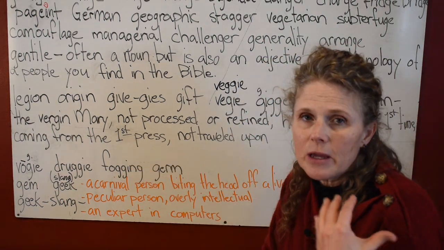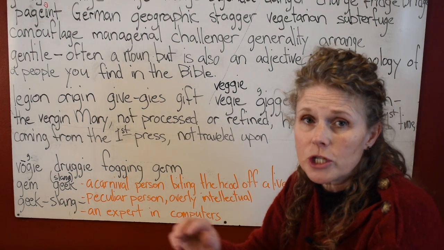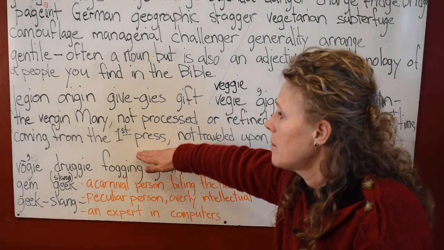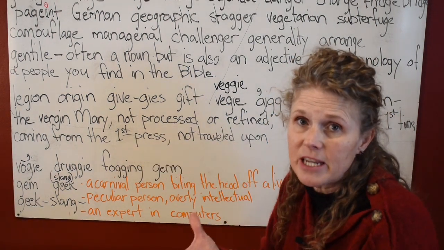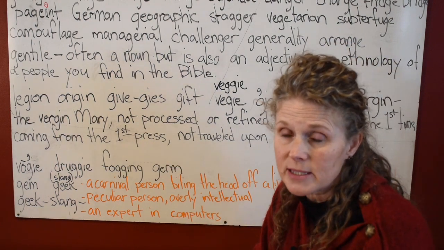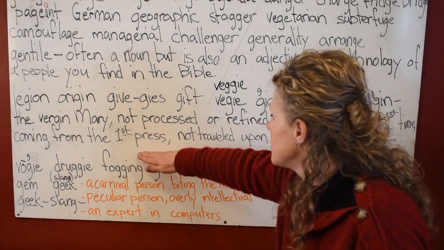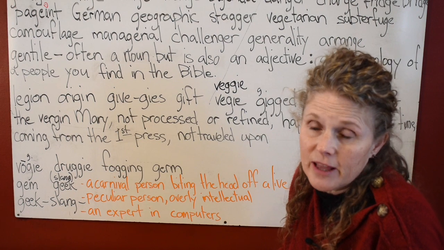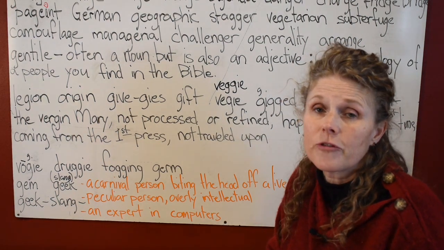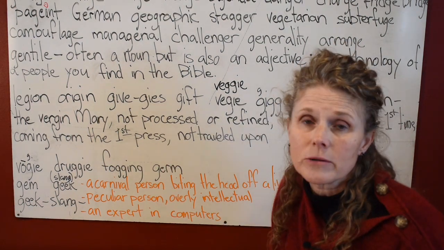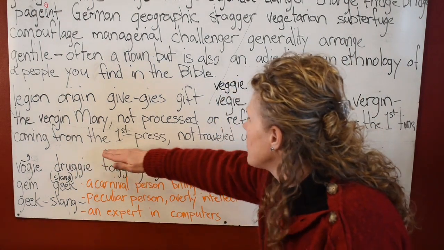So if you get anything that doesn't say virgin or extra virgin, you know it's more processed. They have to heat it up or something like that to get the rest of the stuff out, and you won't get as much of a coconutty flavor. So you're going to get that in virgin olive oils, lots of oils. That's where it's coming from, the very first press.